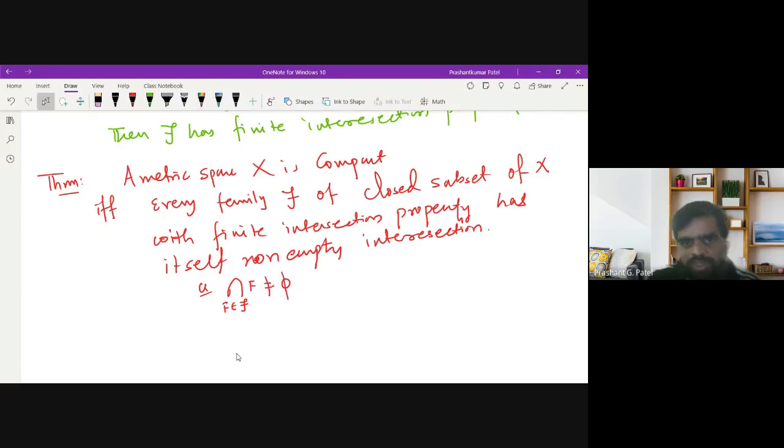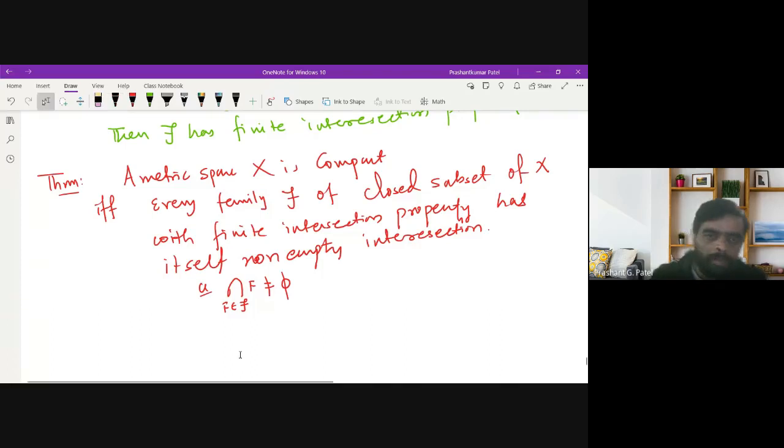So it says that if script F, a family of closed subsets of X, has the finite intersection property, that means the intersection of finitely many members of script F is non-empty, then this family itself has a non-empty intersection.